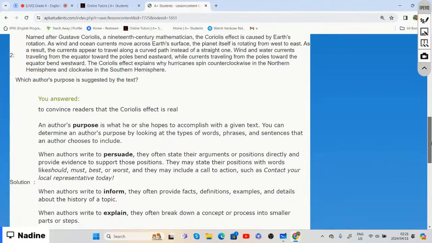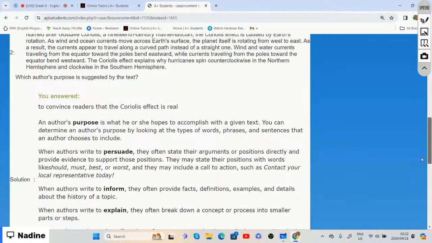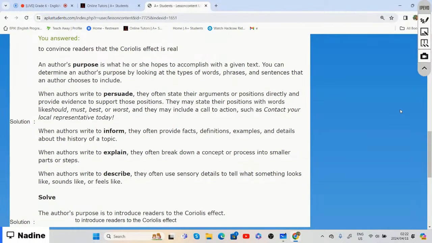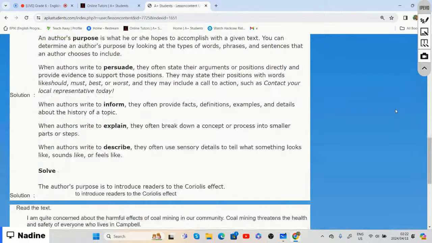Wind and water currents traveling from the equator towards the poles bend eastward, while currents traveling from the poles towards the equator bend westward. The Coriolis effect explains why hurricanes spin counterclockwise in the northern hemisphere and clockwise in the southern hemisphere. And if we look at the purpose of the author of this, it says to introduce readers to the Coriolis effect.